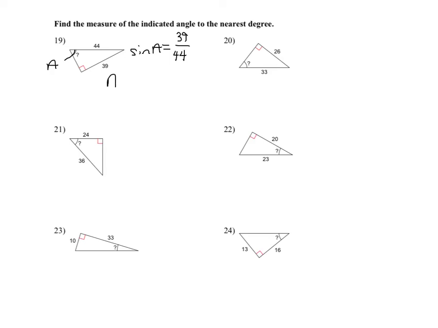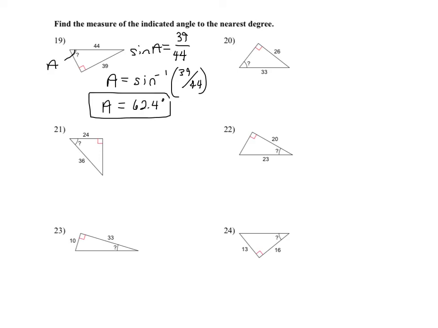And to solve for A, we'll look for the inverse sine button on your calculator. And once you pull it out, we'll put in this ratio, 39 over 44. And when you do that on your calculator, you should get 62.4 degrees. And that's the measure of angle A.